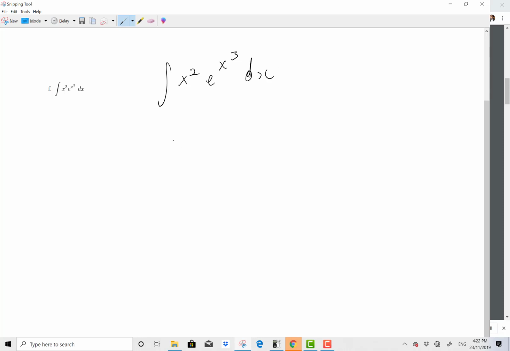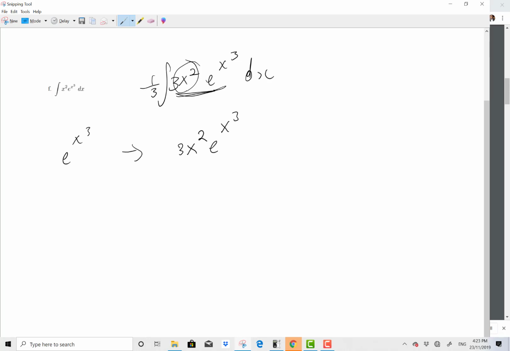If I differentiate e to the x to the third, the result is going to yield 3x squared e to the x to the 3. So I recognize that this right here is almost a derivative of e to the x to the 3. So what I could do is put a 3 right here and take it back out. I can only do that with a constant.